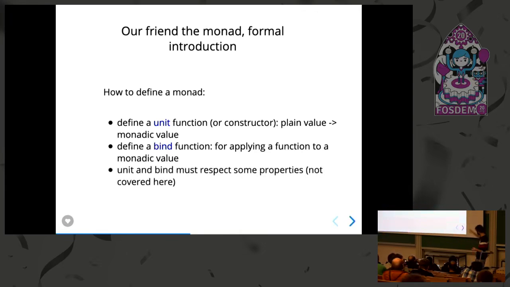I just mention here that, theoretically speaking, you should make sure that unit and bind comply with some rules, some laws, but I'm not going to cover that here. Those rules are quite intuitive.